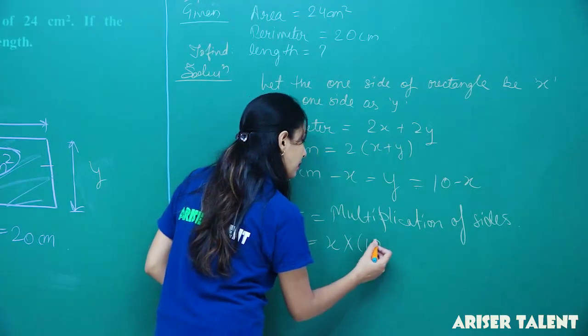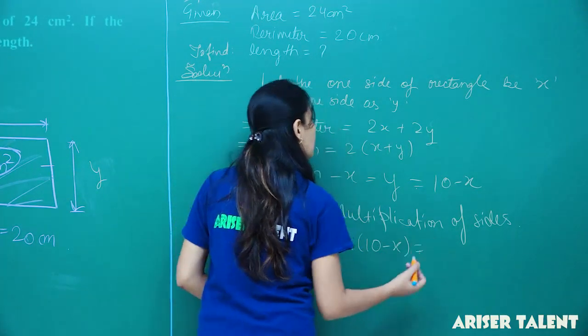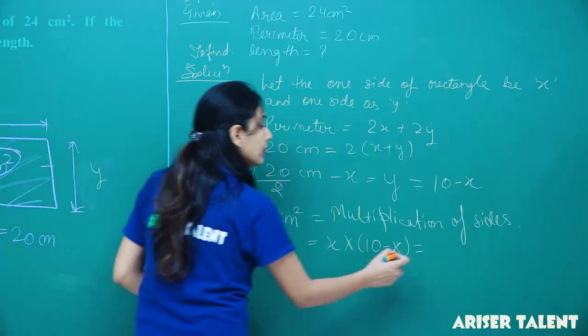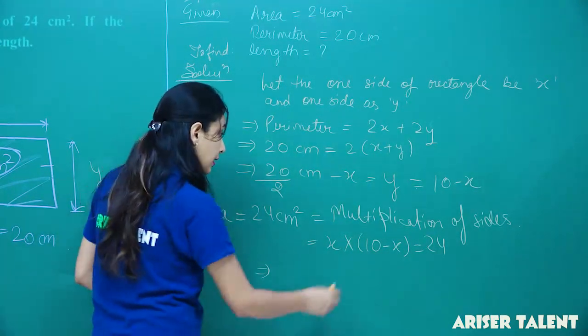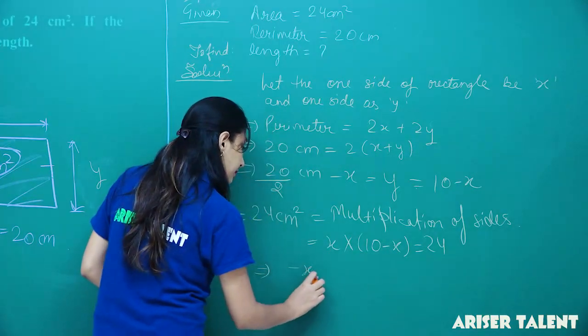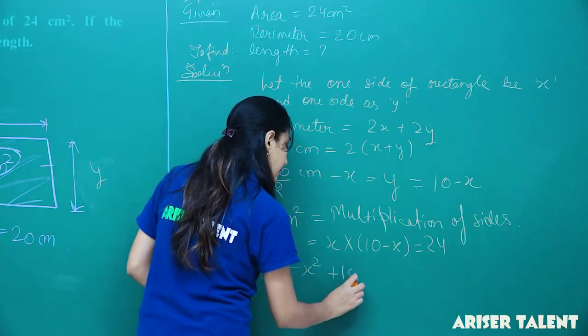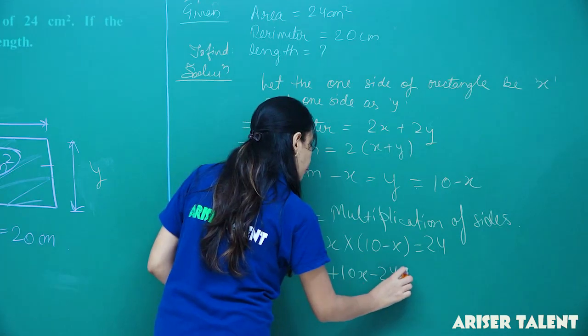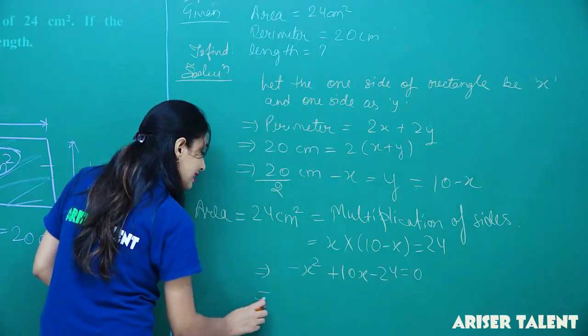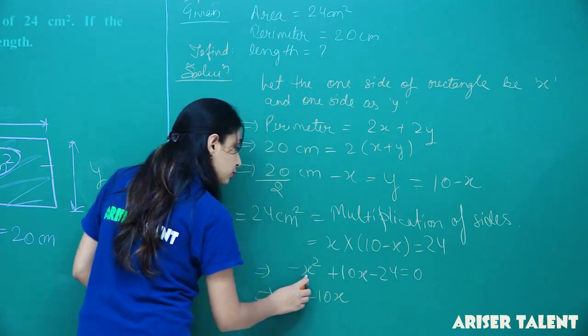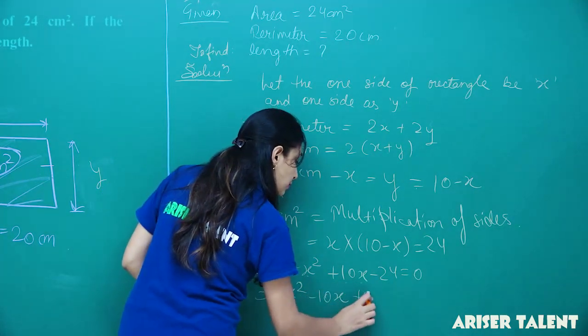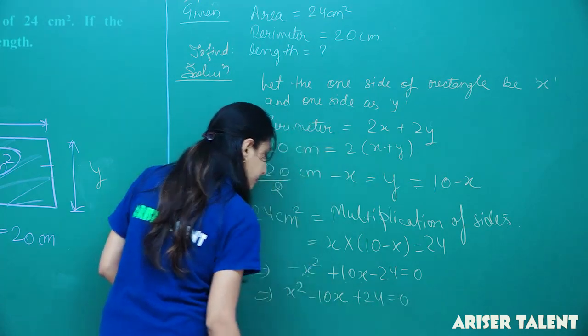So, x multiplied by 10 minus x is equal to the given 24 centimeter square. This implies that minus x square plus 10x minus 24 equals 0, or else I can say x square minus 10x plus 24 equals 0.